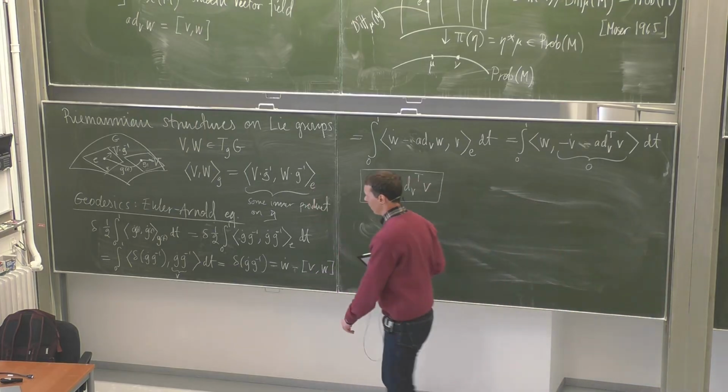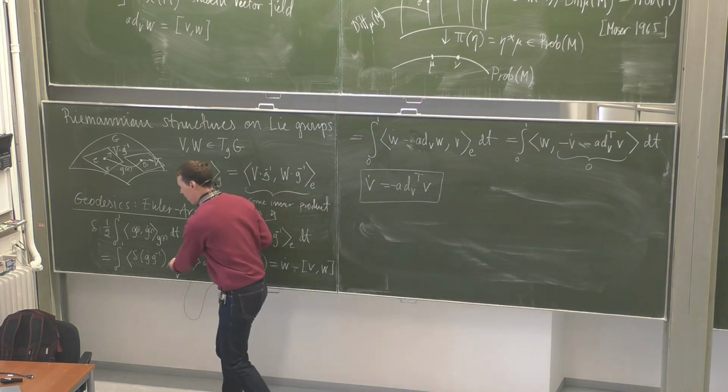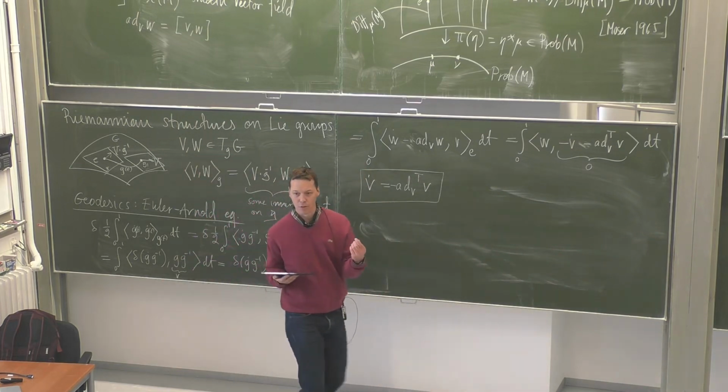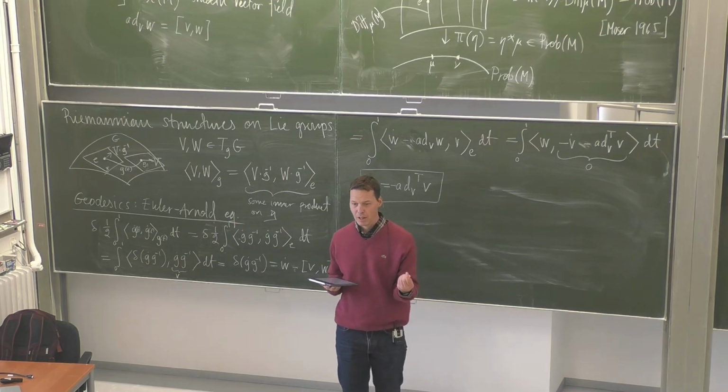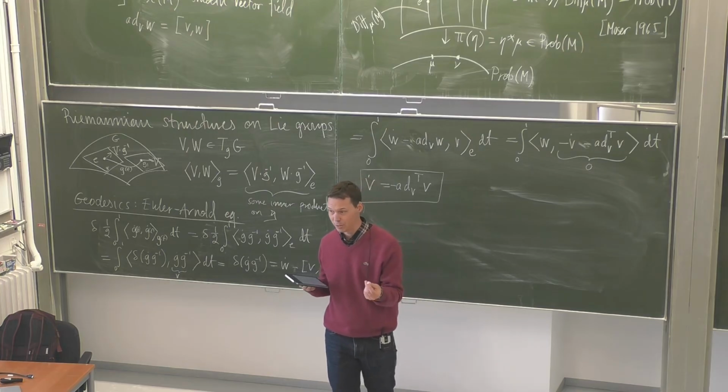Yeah, so I'm saying like this: we take a variation of the curve g(t), okay? And because we're on a Lie group, we can always generate that variation, at least in finite dimension, by some generator in the algebra. So that would be a time-dependent path as well, but in the Lie algebra.